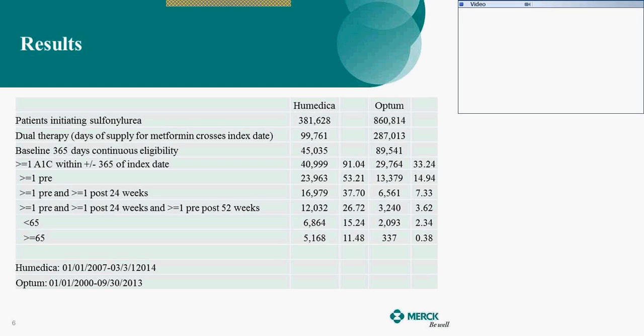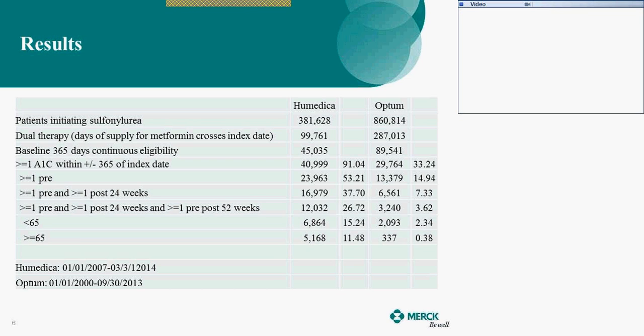Compared to Humedica, Optum has significantly higher numbers for the first 3 rows. We found about 860,000 sulfonylurea initiators, about 290,000 dual therapy initiators, and about 100,000 with at least 1 year of baseline eligibility.